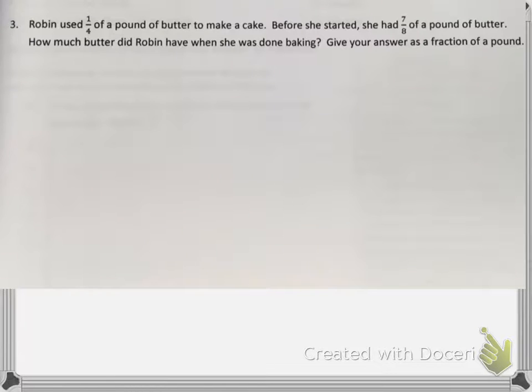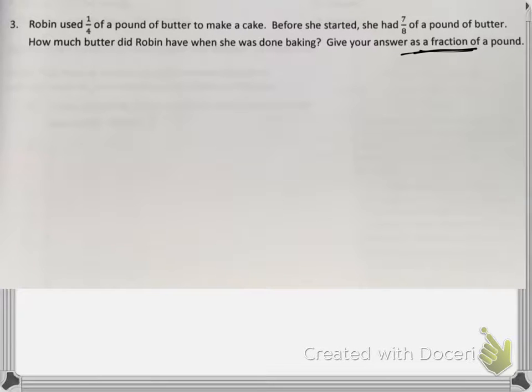Let's look at these word problems. Robin used 1/4 of a pound of butter to make a cake. Before she started, she had 7/8 of a pound of butter. How much butter did Robin have when she was done baking? Give your answer as a fraction of a pound. So we're giving it as a fraction of a pound.